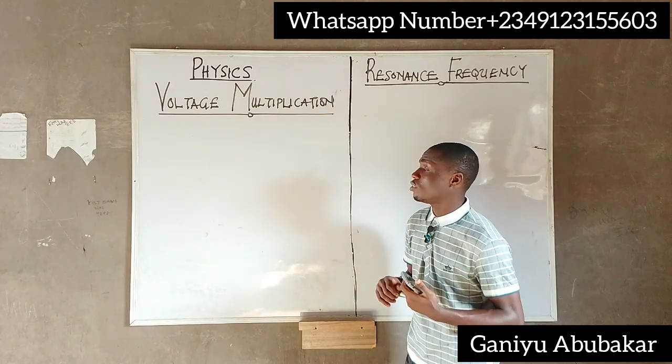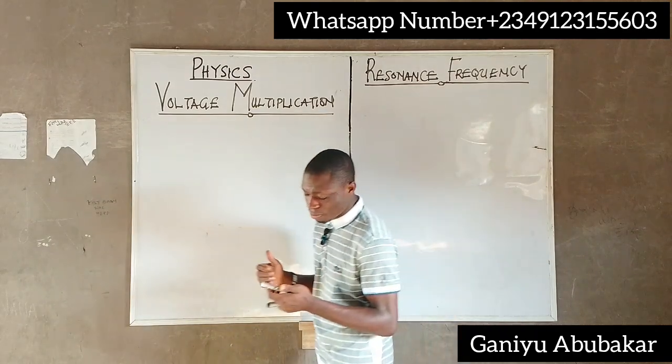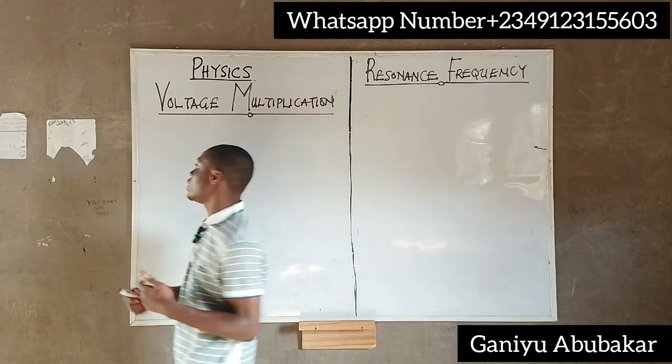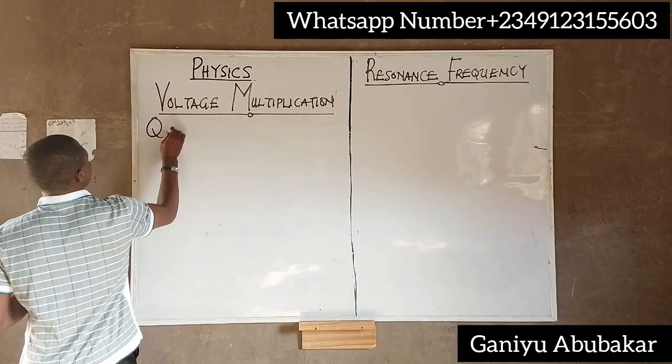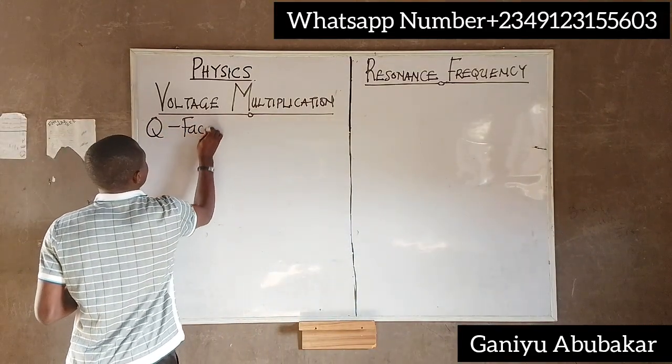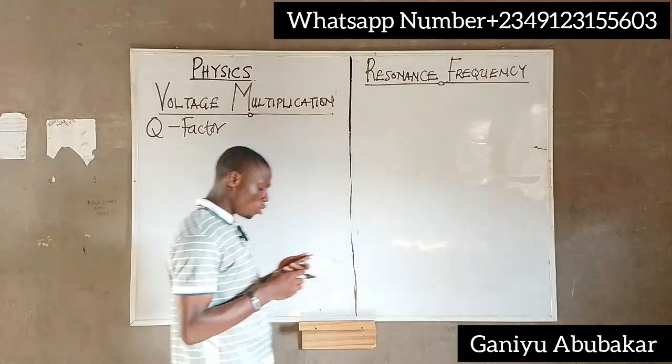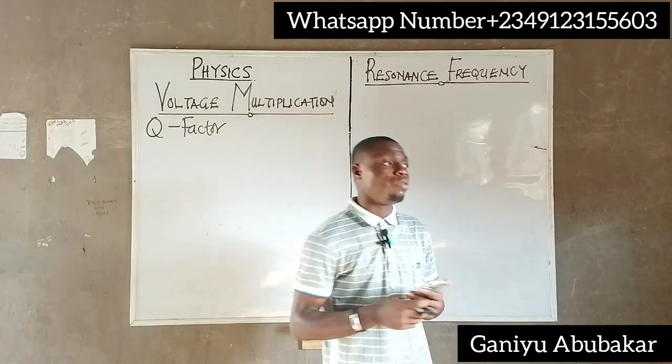What's voltage multiplication? This is also called the Q factor.